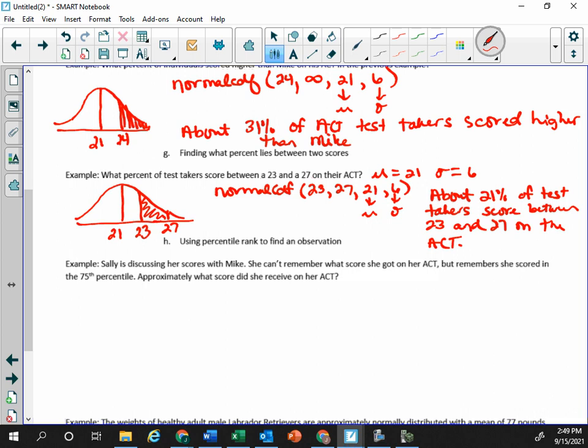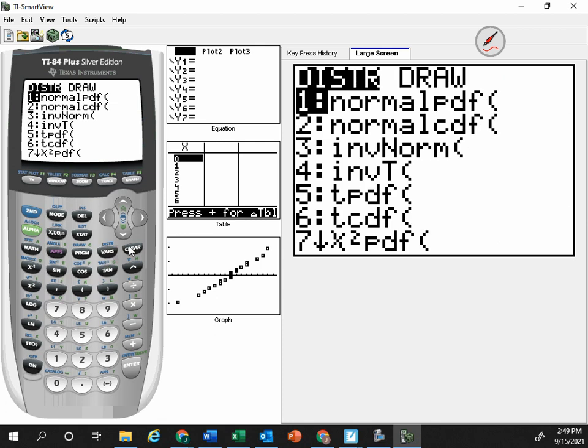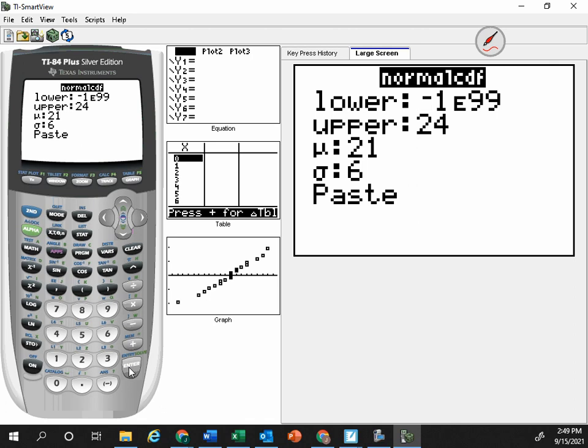Okay, let me pull up the calculator part. All right, so it's normal CDF again because we're finding the area in between those two numbers. Now this time your lower and upper, it was between two scores.